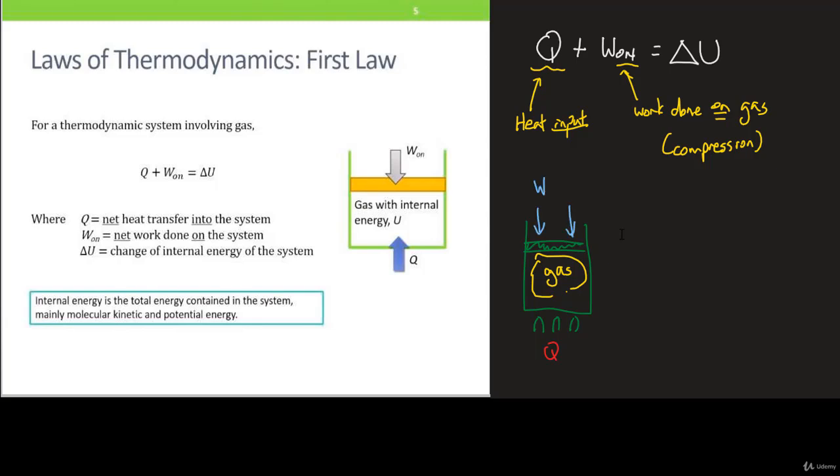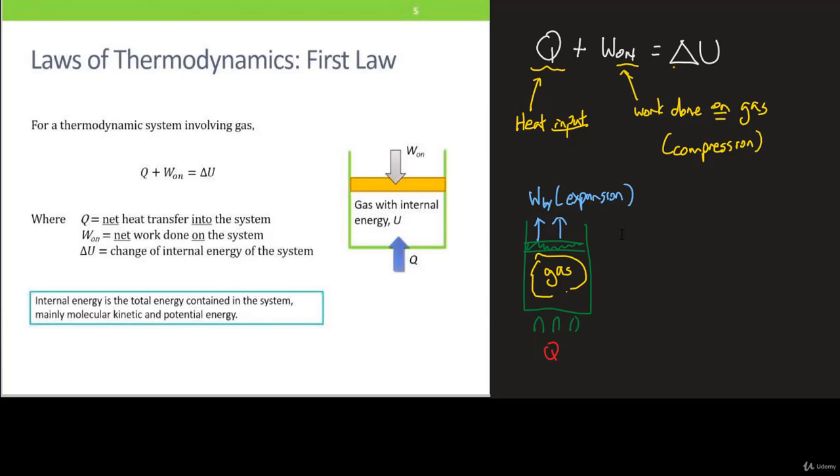If you push down the piston, the air will get compressed. The amount of work you do onto the gas, that is W on. What if it's an expansion process? That means instead of pushing down the piston, you pull up the piston. If it's an expansion process, that is work done by gas. So there's a difference between work done on gas and work done by gas.